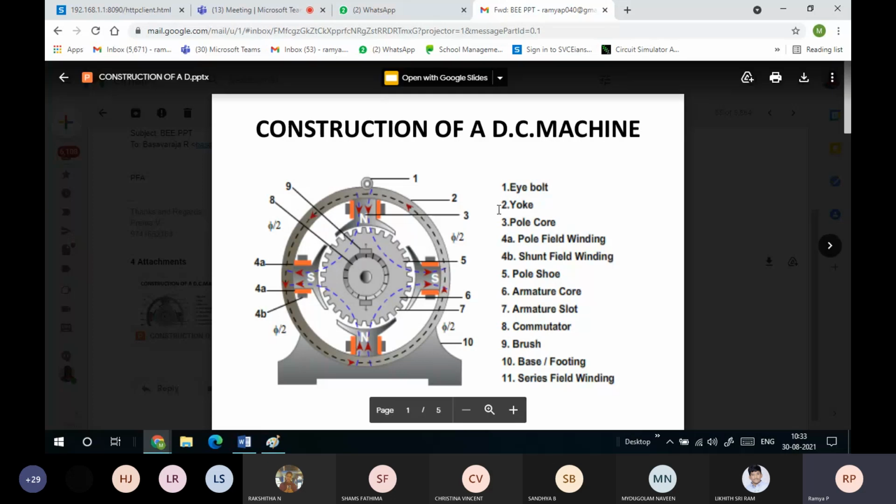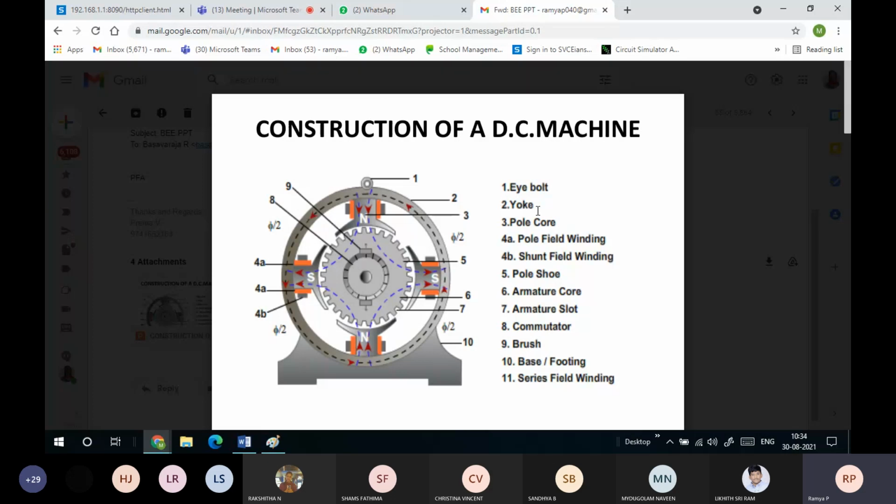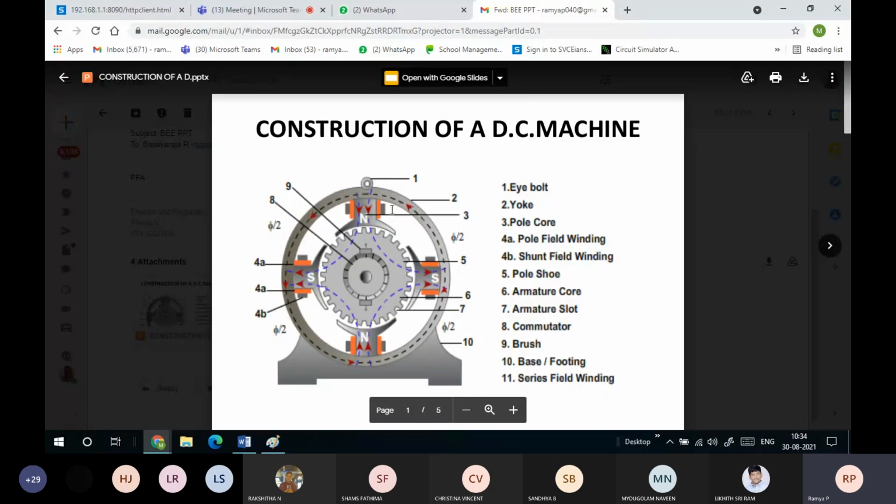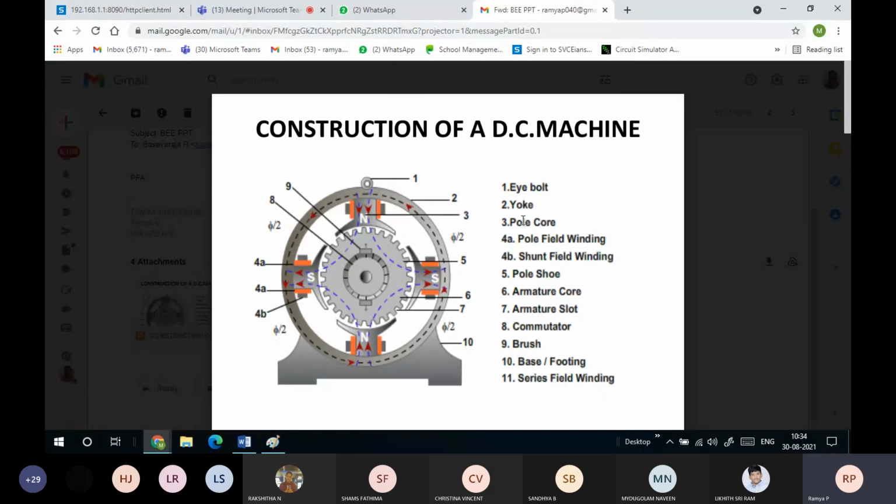I will tell you what is the job of this yoke. The main function of this yoke is to provide mechanical support. This yoke is nothing but this complete circle. You can see the complete circle, right? That complete circle is your yoke, and it is going to give mechanical support to all the parts.